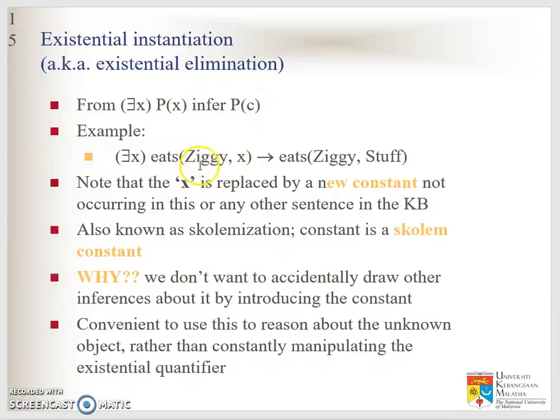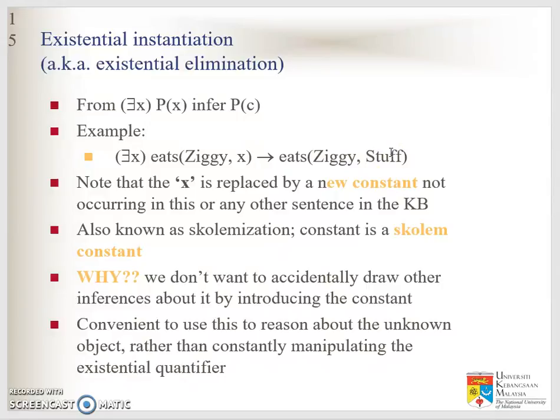For example, Ziggy eats some x, then Ziggy eats stuff. Note that x is replaced by a new constant not occurring in this or any other sentence in the knowledge base. So stuff is a new thing. We don't declare it in the knowledge base.